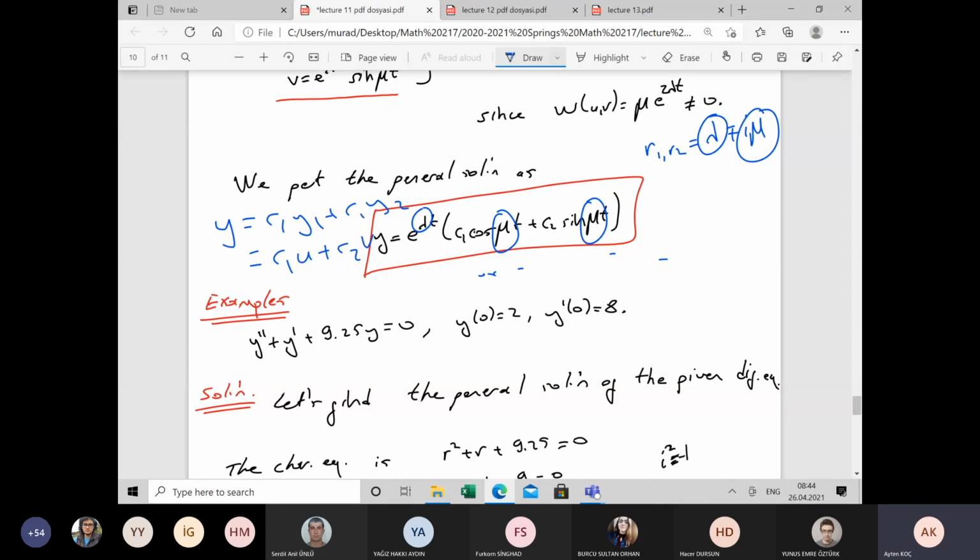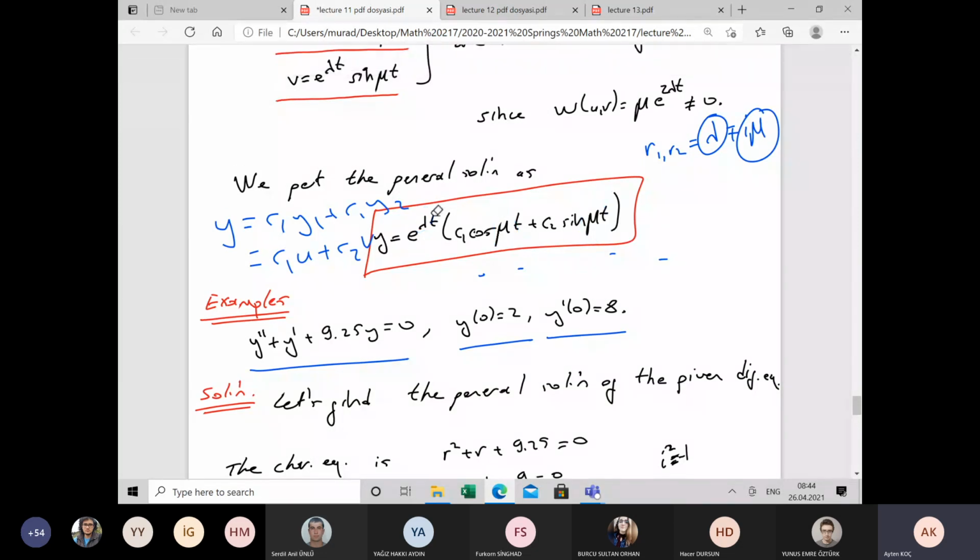So consider this example: y double prime plus y prime plus 9.25 y is 0, y of 0 is 2, y prime of 0 is 8. What can you say about this differential equation?